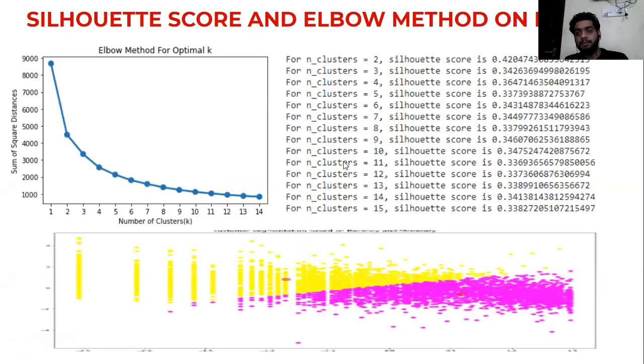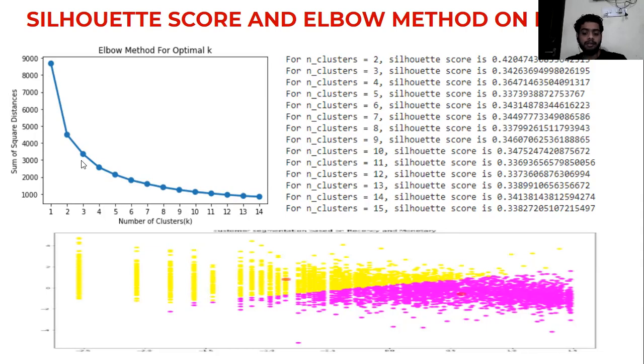And next we perform k-means clustering to achieve the topmost cluster group. For validation of the k-means clustering, we use the similarity score and elbow method on the recency and monetary group.